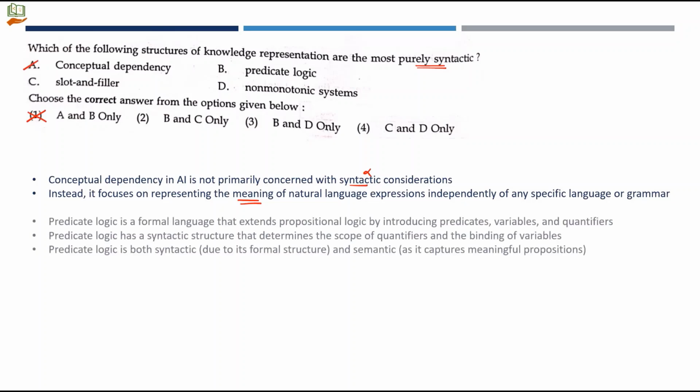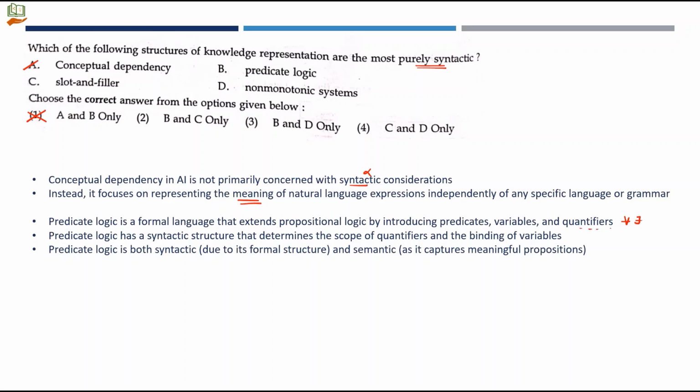Next, we will see about predicate logic. Based on the knowledge we have from the discrete structures and optimization unit, we can say it is about quantification. You would have seen the symbols like for all, there exists, all these are quantifiers. So predicate logic extends propositional logic by introducing predicates, variables and quantifiers. What is propositional logic made of?